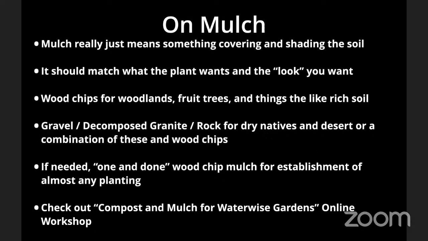So those gravels, decomposed granite, rock, for California native plants that really like hot, dry areas, desert plants, or for drier natives, also like kind of chaparral kind of stuff. I'll often end up with a combination of kind of wood chips and then mixing in some gravel and cobblestone and things like that.